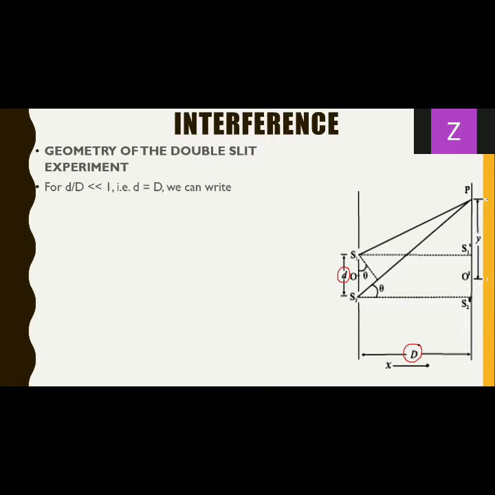What we get? We can write small d is equal to capital D. So if we have small d which is equal to capital D, we can approximate it for D only.